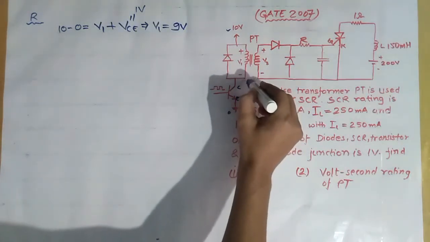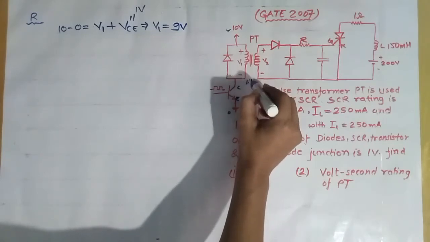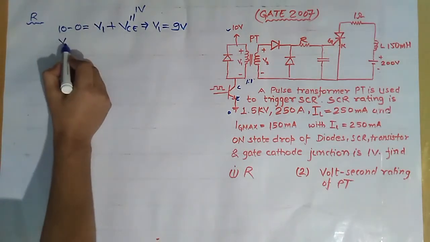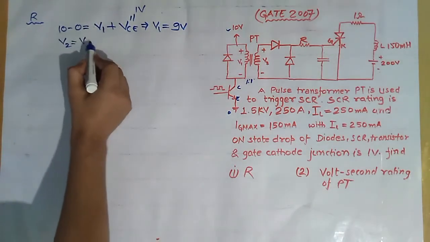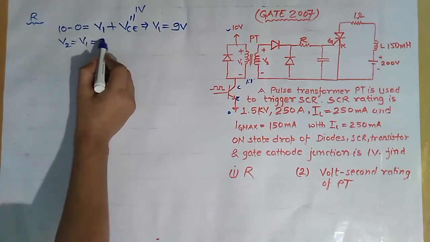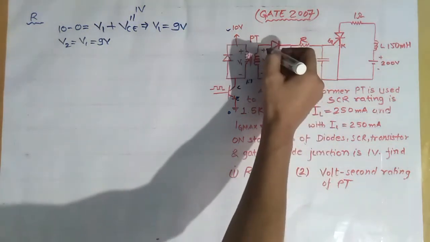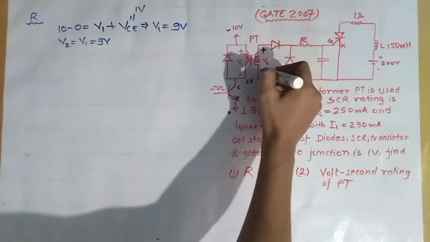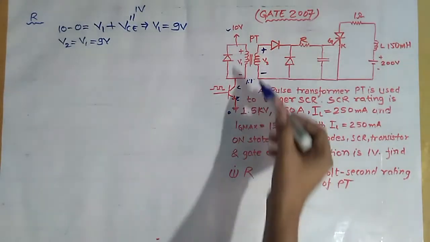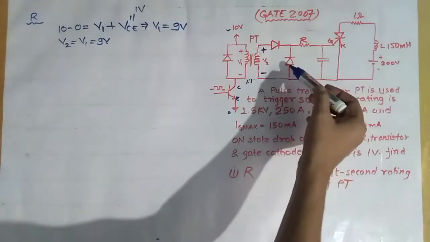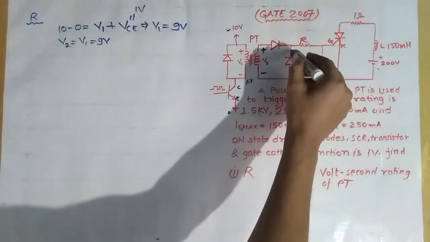Now the turn ratio of this pulse transformer is 1:1. So what is V2? V2 will be equal to V1, and that is equal to 9 volt. Now when V2 becomes 9 volt and the polarity of V2 is as shown, this positive polarity makes this diode forward biased while this diode gets reverse biased.